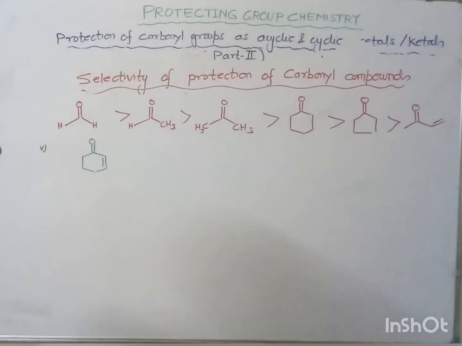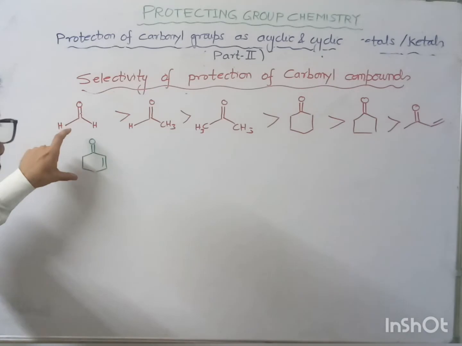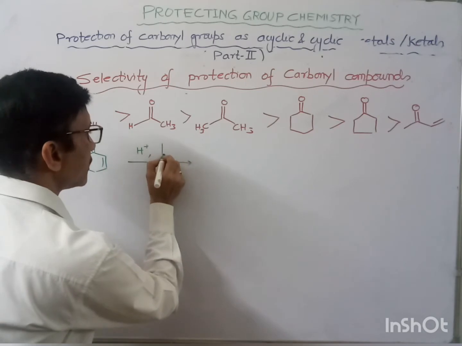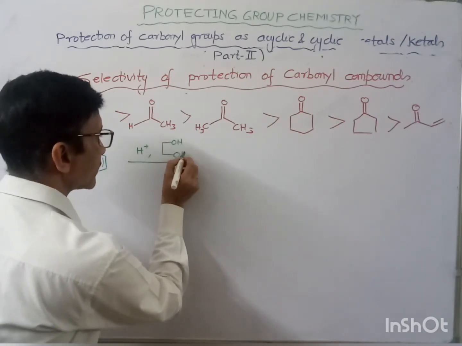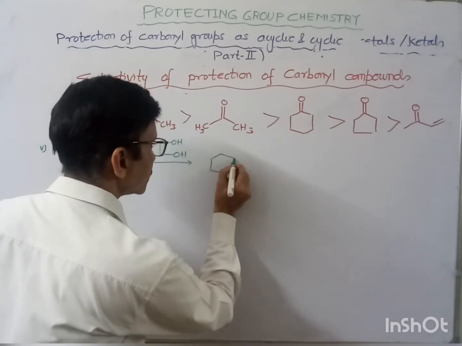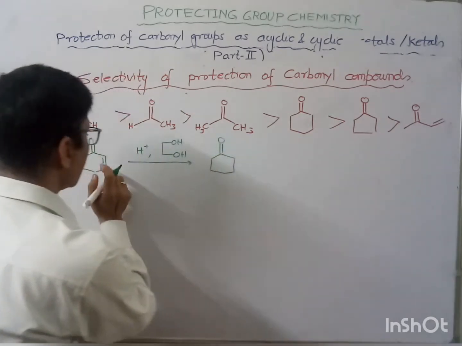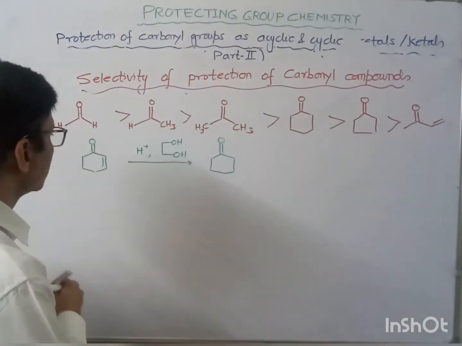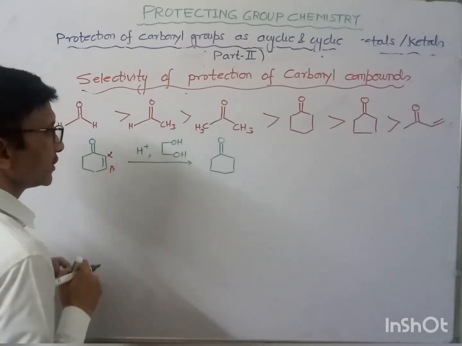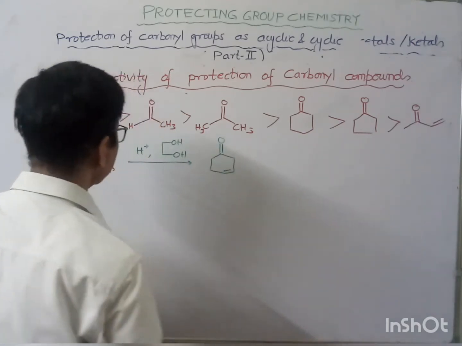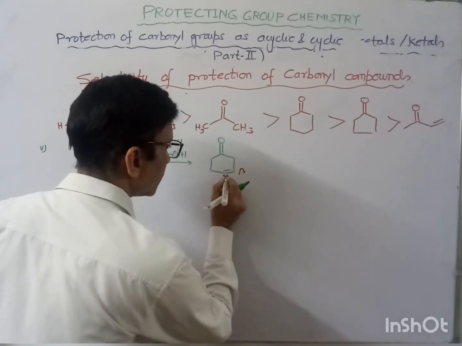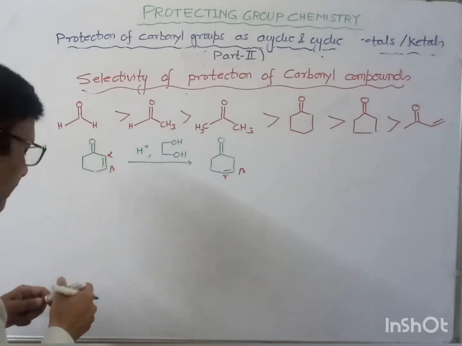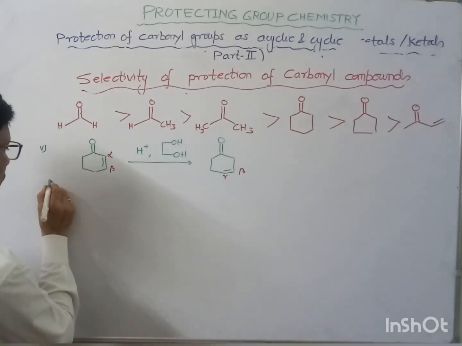If this group is present in any molecule and we protect it, then after protection the double bond which is present at the alpha beta position will be transferred to the beta gamma position. Okay, this should be remembered. Now let's see the mechanism for this.